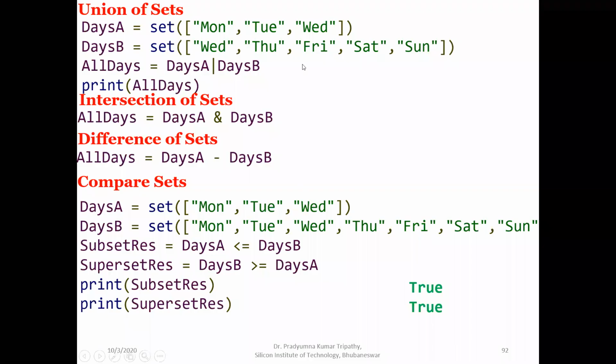So what does it do? If it is an OR operator, can you guess what will be the output? What will be the output over here? So Monday to Sunday. All the elements will be added, and Wednesday will be the same. Now see, Wednesday is there 2 times. In the output, it will appear only one time.